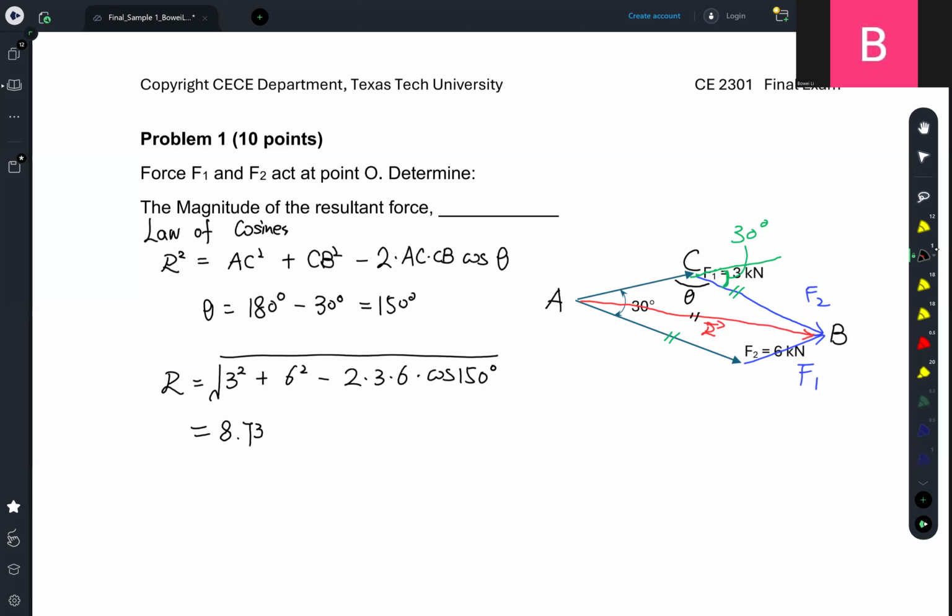Be sure to include the unit here, which is kilonewton. And that is our answer.